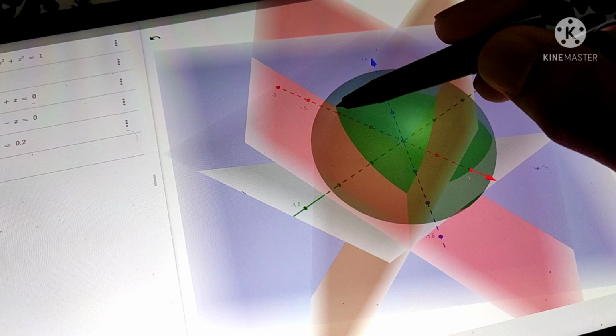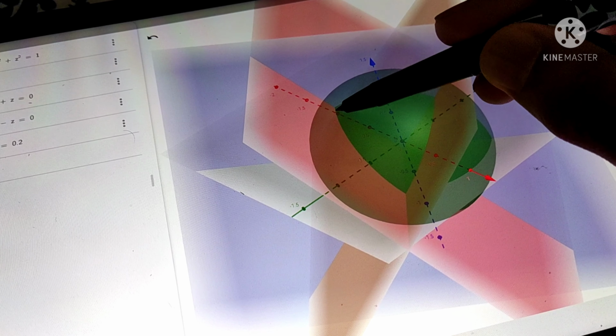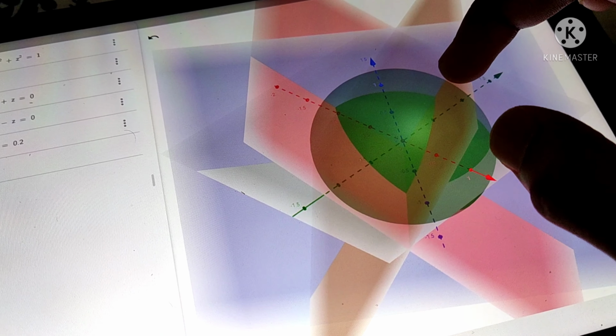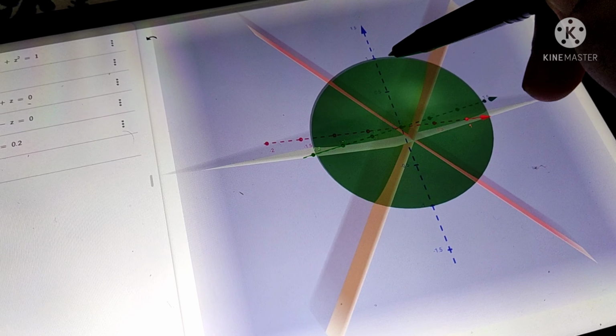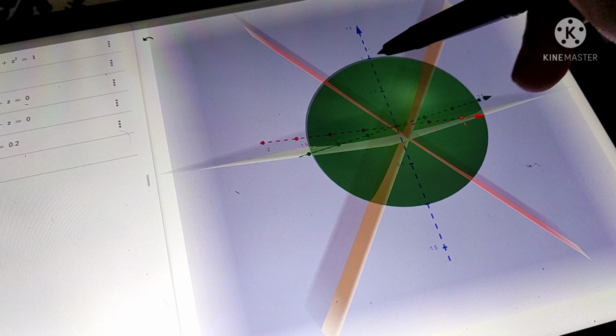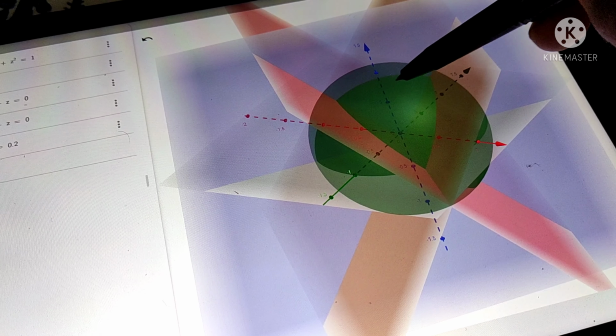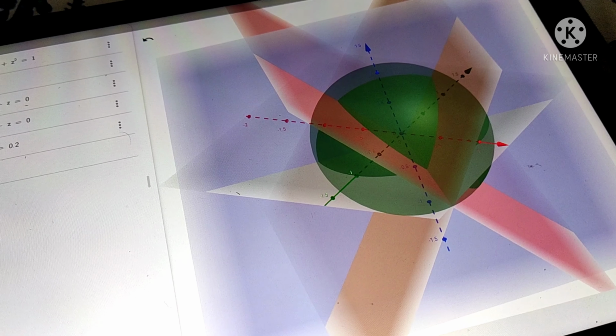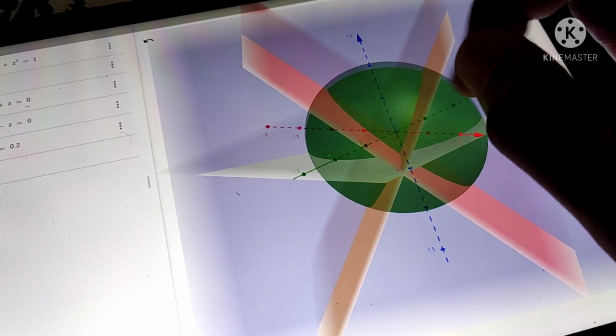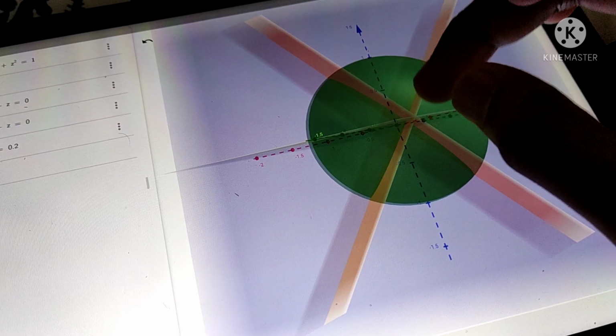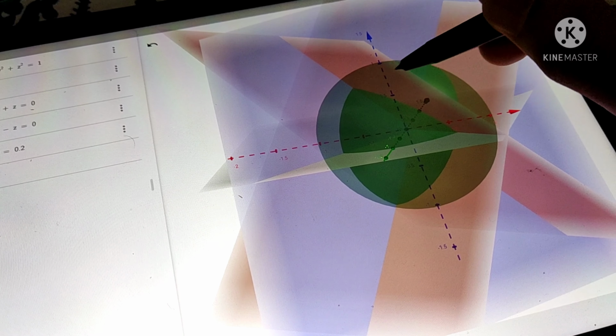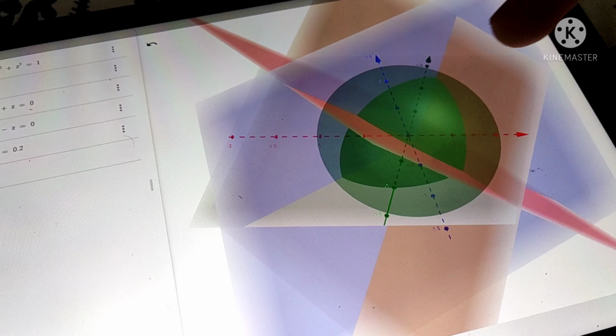You see it's an arc, right? And that arc is a part of a larger circle. So this arc contributes a particular segment of this whole circle, the circle that it intersects the sphere at.